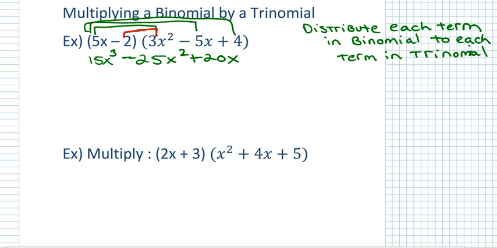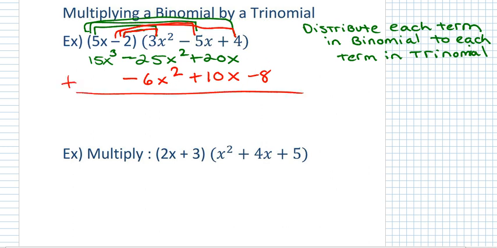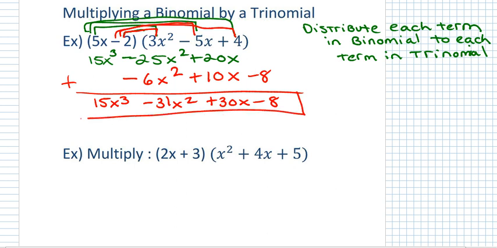So negative 2 times 3x squared gives you minus 6x squared. And I like to line them up so I can add down. Negative 2 times negative 5x gives you positive 10x. And negative 2 times 4 gives you negative 8. So then you just add down. So 15x to the third minus 31x squared plus 30x minus 8. And there's your final answer.